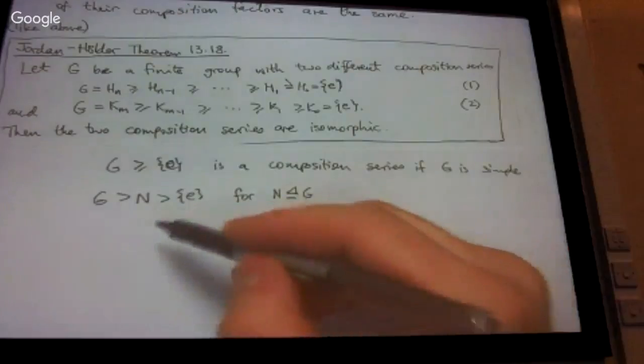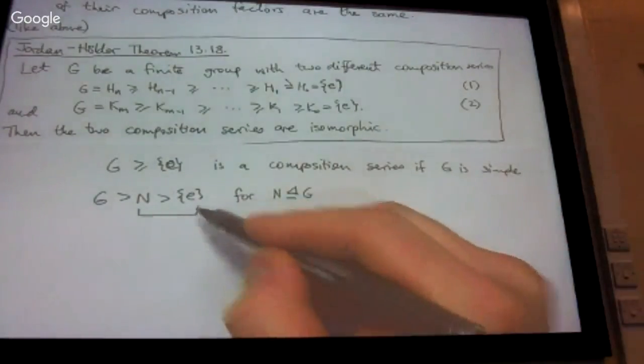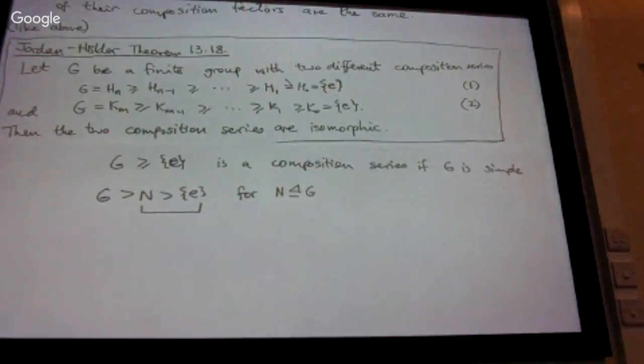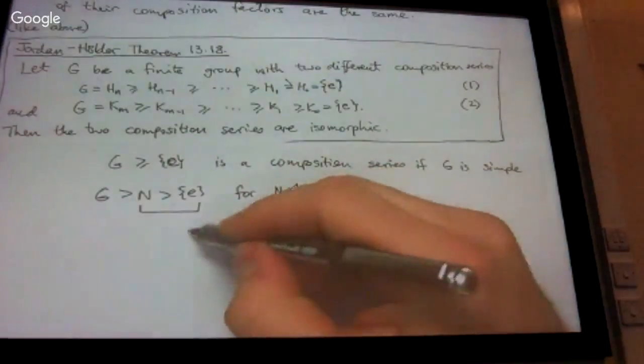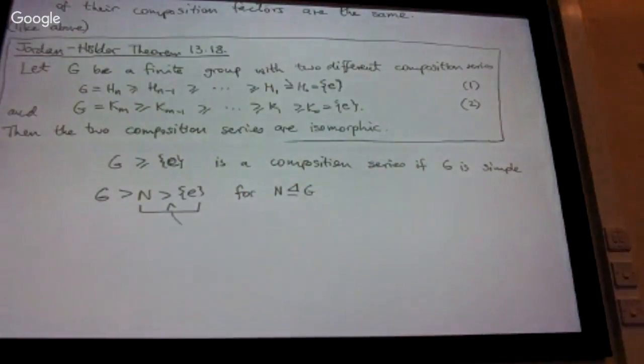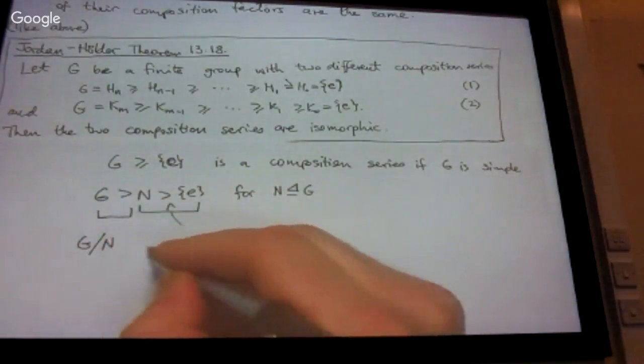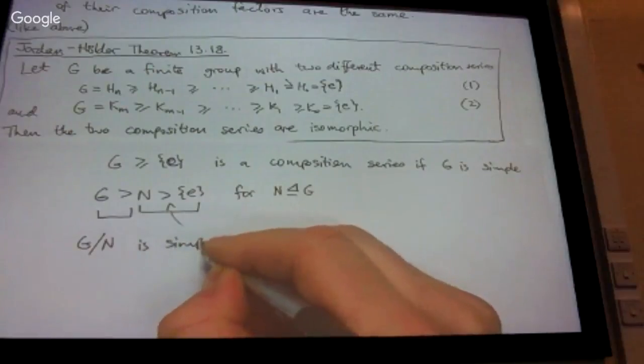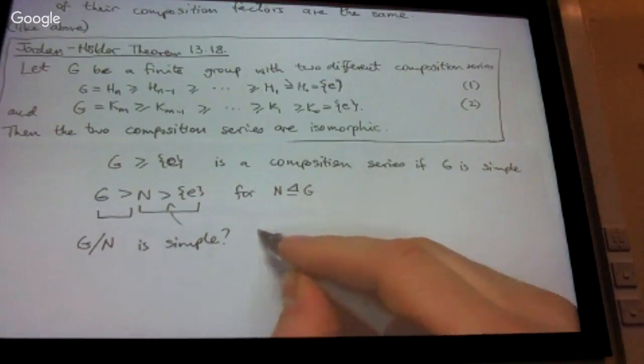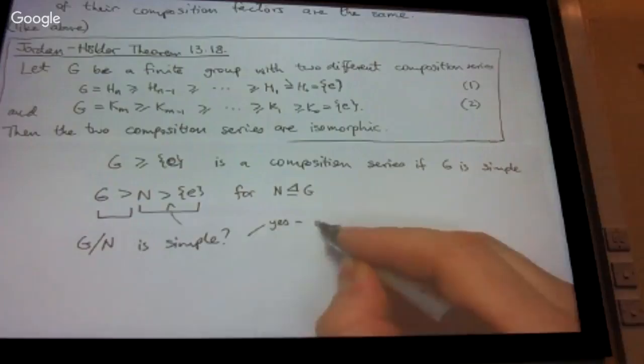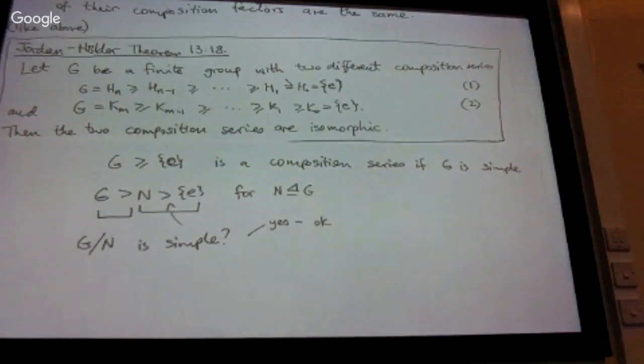Either N is simple, and then that's already fine and you can't add anything in there. If N is not simple, then again you find another group to insert. Now you look at whether G/N is simple. If it is simple, then that's the start of a composition series.